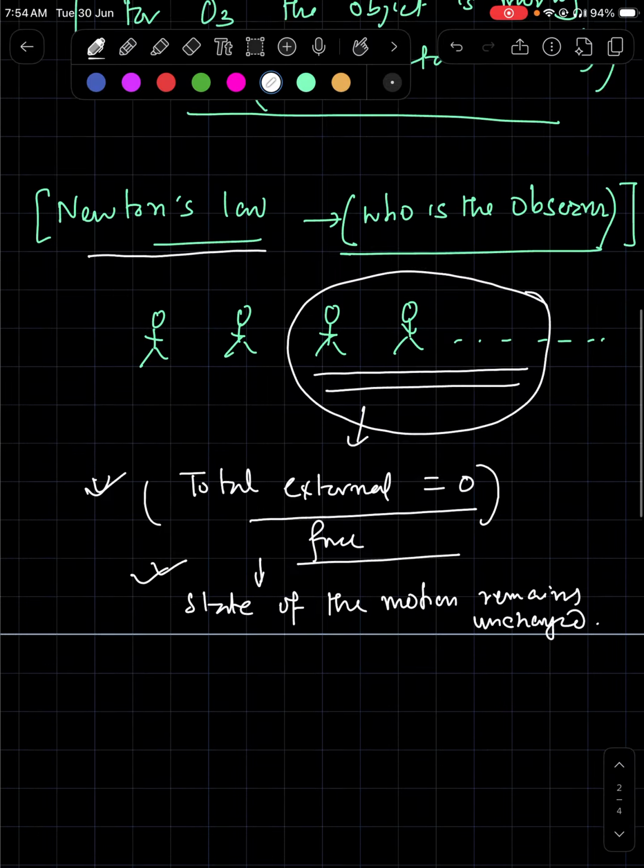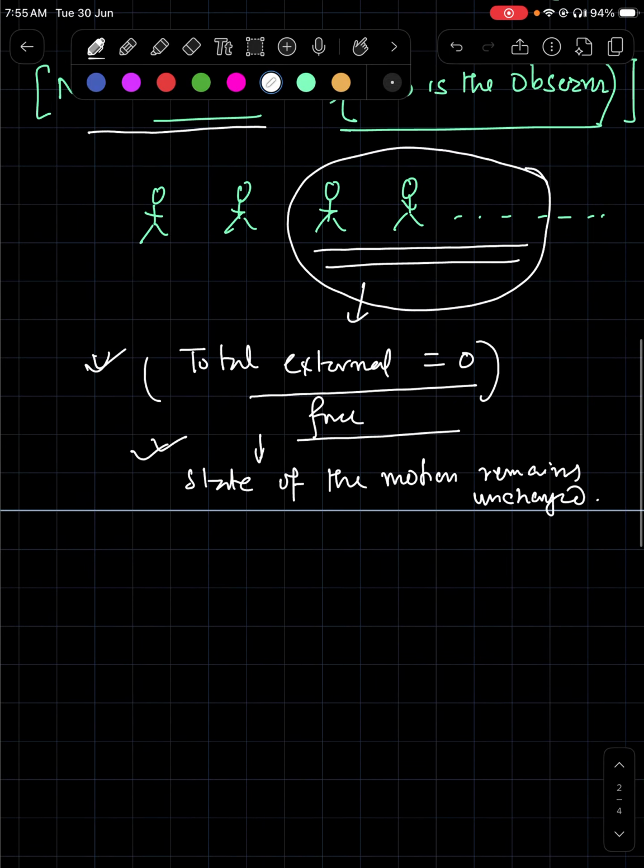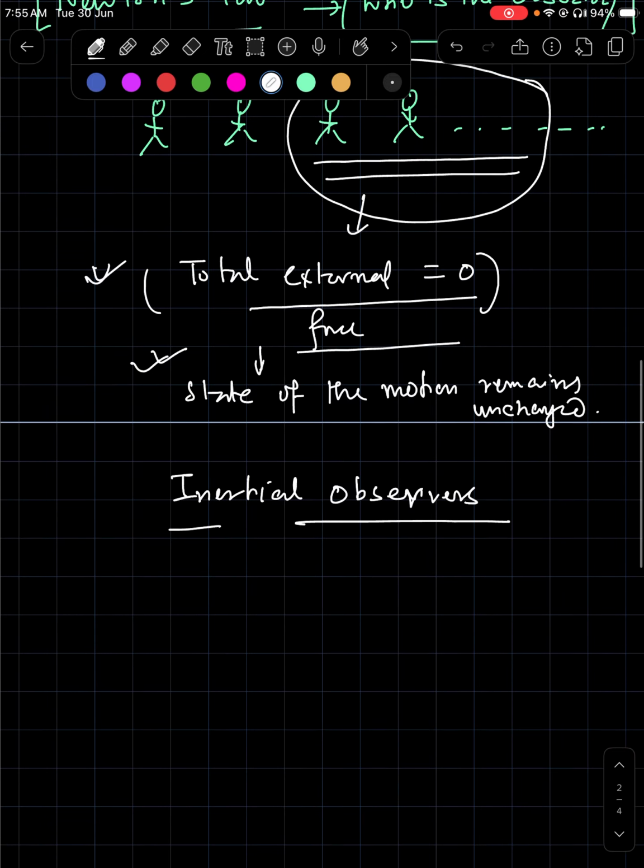So the first law is giving us the notion of the observers. And those observers have a name. Those are called inertial observers. And the coordinate system they are using is called the inertial reference frame.